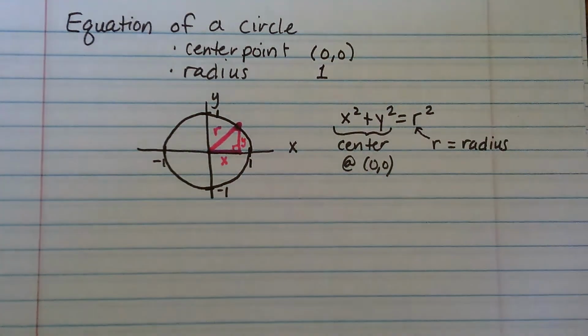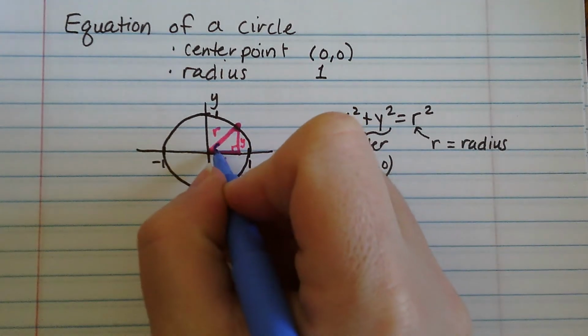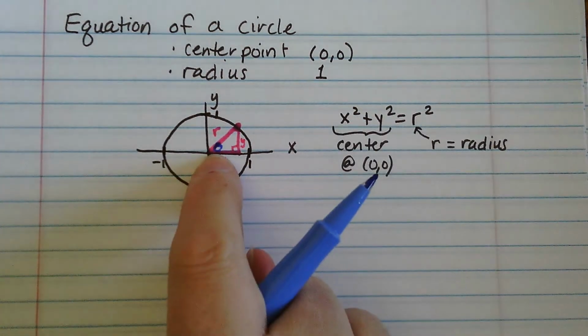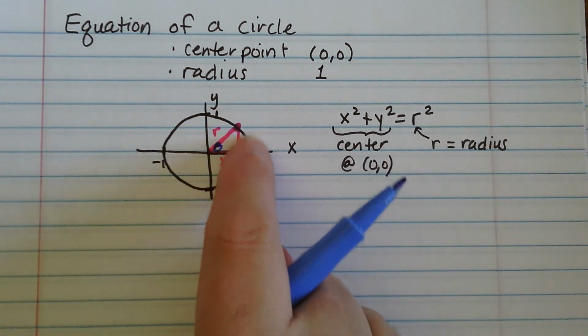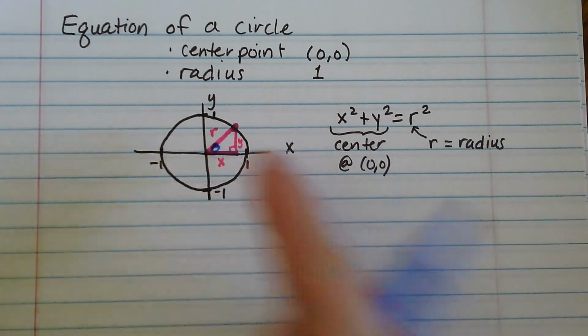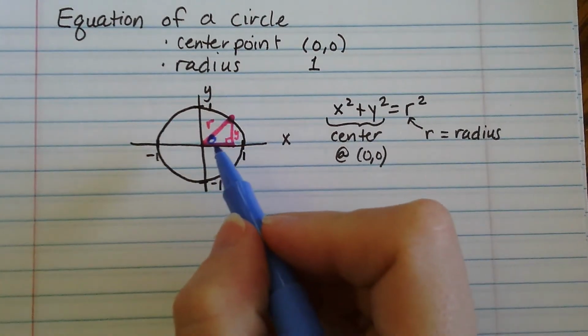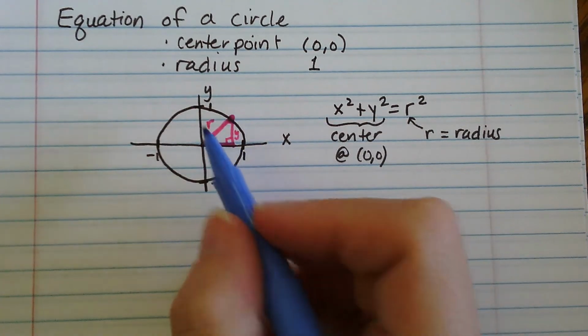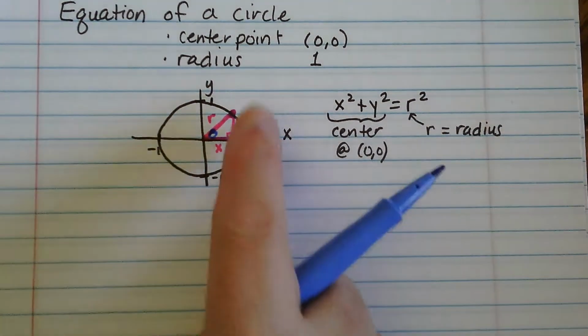Now the theta itself, let me see if I can draw it in there, is always anchored to the origin. So our theta will always be located here. So as we're drawing the unit circle, and here's our theta, we can start to see the relationship between x, y, and r for our right triangle.